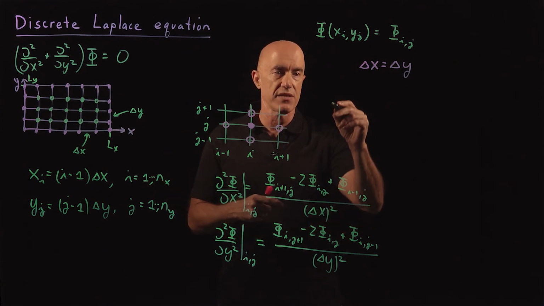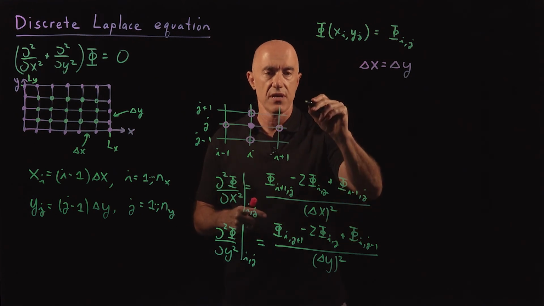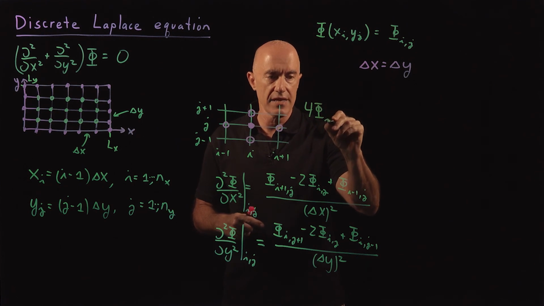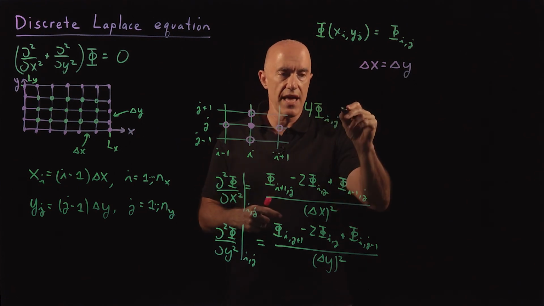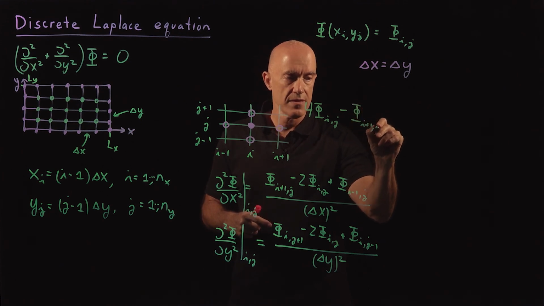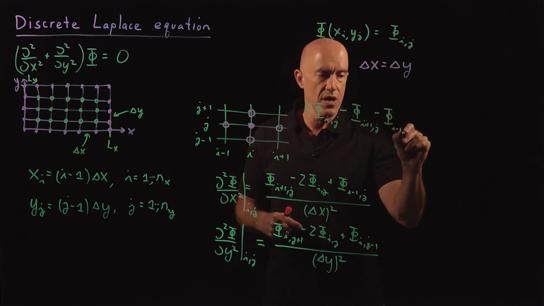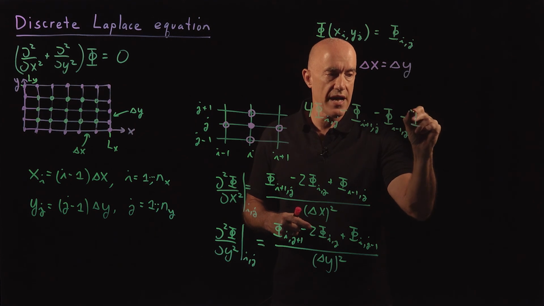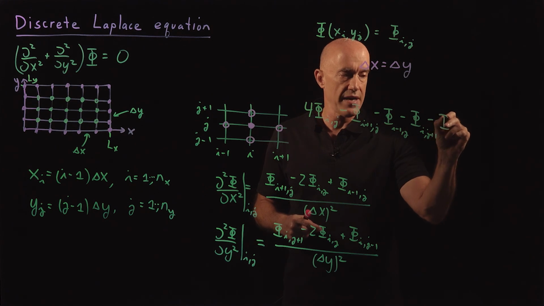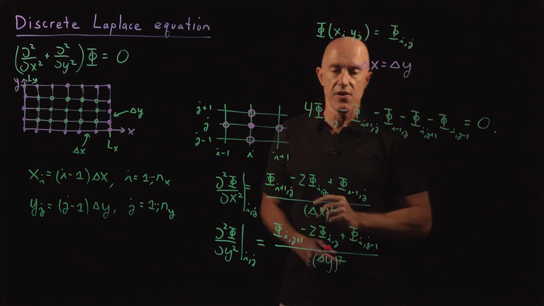And we multiply by minus 1. That will become 4. So the sum of these two equations will become 4 times phi ij. And then we have minus phi i plus 1 j minus phi i minus 1 j minus phi of i j plus 1 minus phi of i j minus 1 equals 0.